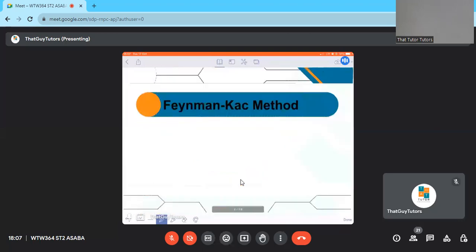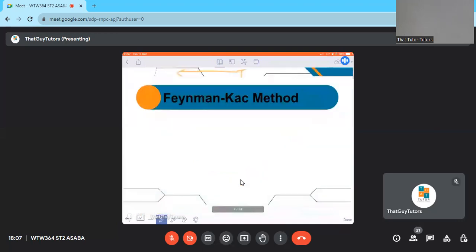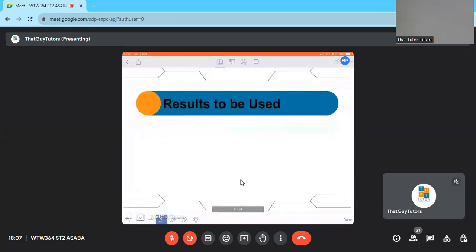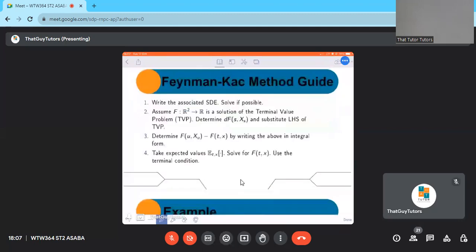So the number one step that you are going to start with is how to write the associated stochastic differential equation, right? So you are going to write the associated stochastic differential equation, and then you are going to solve it, and assume that f is the solution, provided that the equation is a function of f, right?